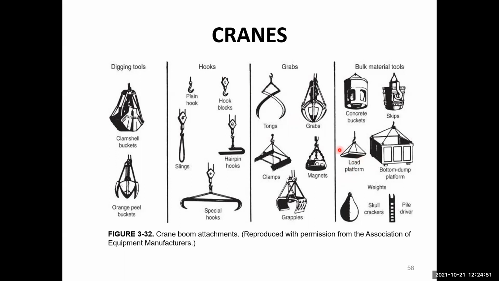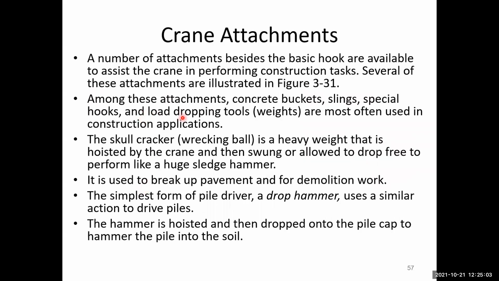On the other hand, digging tools may be used, such as the clamshell buckets and the orange peel buckets. Among these attachments, we have the concrete buckets, slings, special hooks, and load dropping tools.